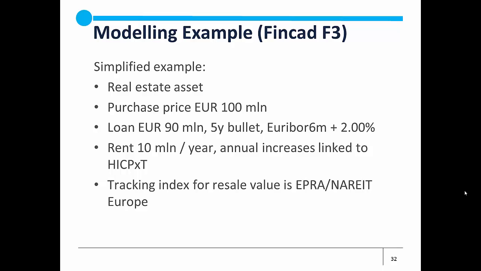It's financed by a 90 million euro loan, so 90% loan to value, as a 5-year bullet at 6-month Euribor plus 200 basis points. The rent starts at 10 million a year, and it increases annually linked to HICP ex-tobacco, the harmonized index of consumer prices excluding tobacco. And finally, for the tracking index for resale value, we can use EPRA Europe.